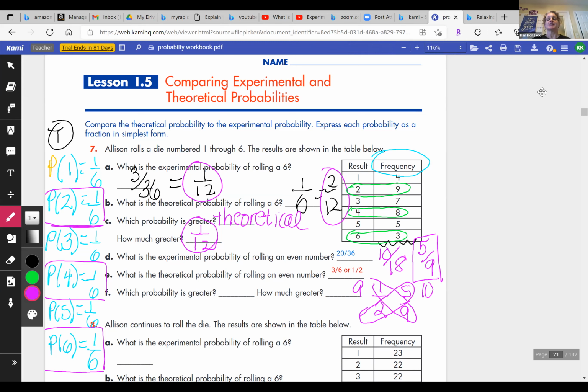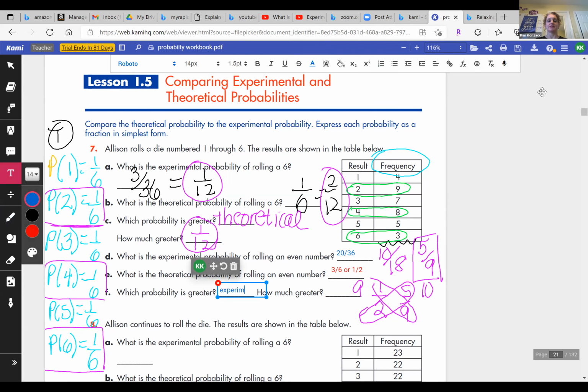Okay. So which probability is greater? In this case, the experimental is greater. And then how much greater? What we're going to do is take 5/9 minus 1/2.